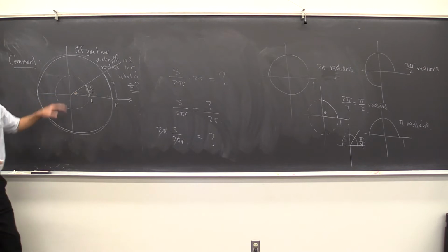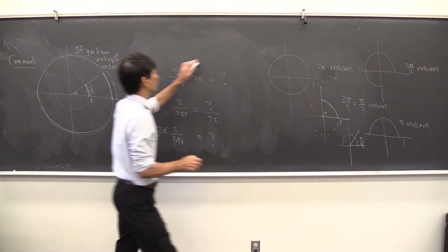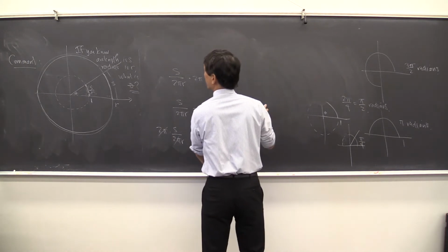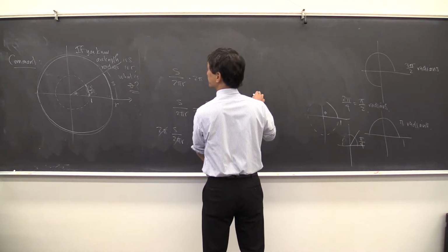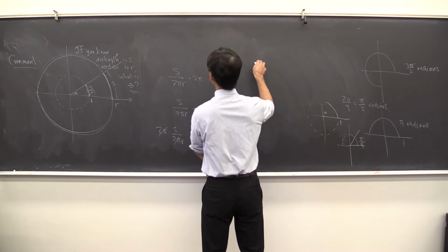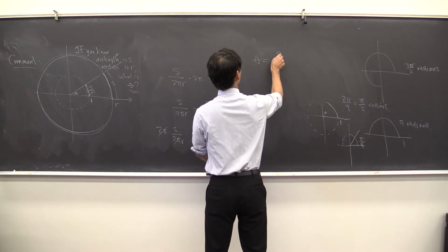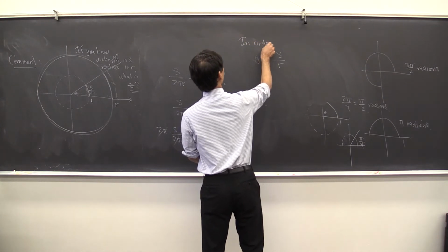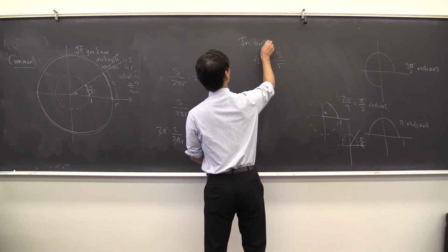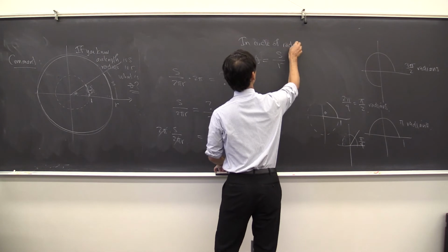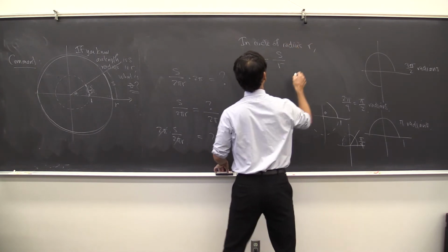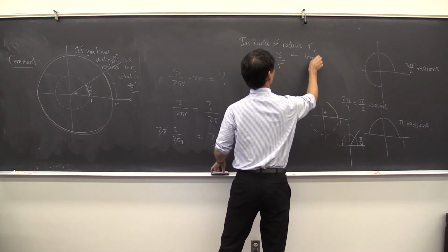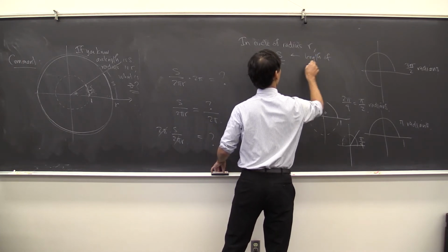So that gives us this nice relation: the angle is the arc length over the radius. So in a circle of radius r, the angle is s over r, where s is the length of the subtended arc.